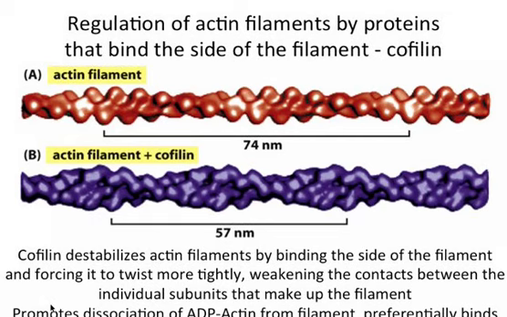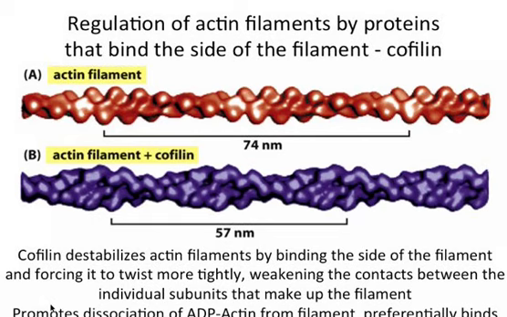What's cool about cofilin is that it tends to like to bind to ADP-bound actin compared to ATP-bound actin. So based on that information, you can see that it's going to promote dissociation of older actin filaments, right?